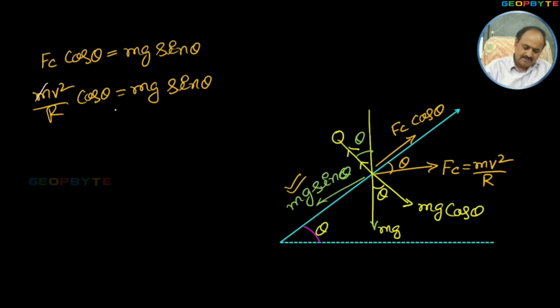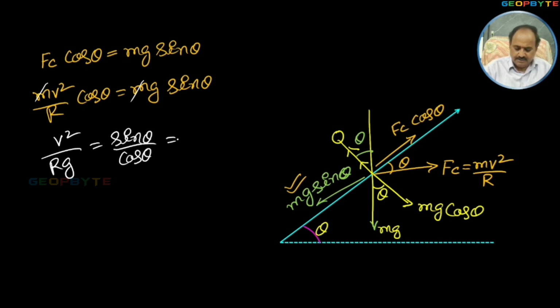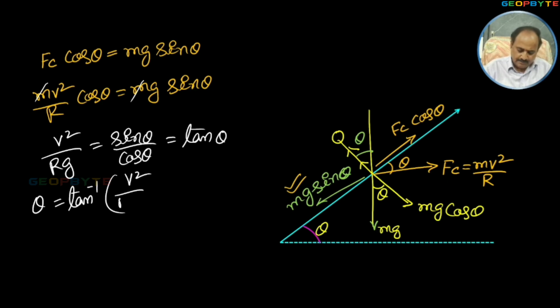Here you can cancel this m. Then v square by rg equals sin theta by cos theta, which equals tan theta. From this, theta equals tan inverse of v square by rg.